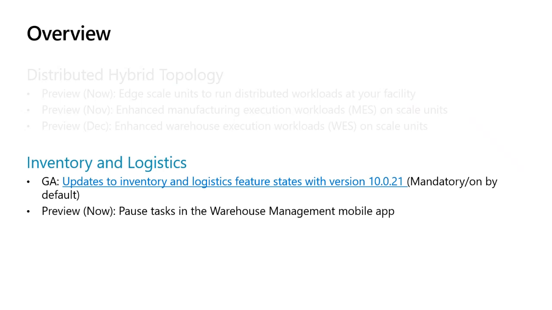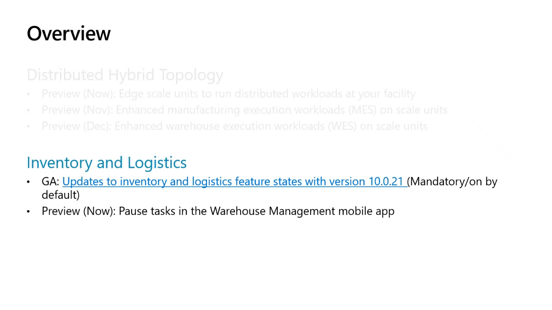So if you've been working with Dynamics supply chain management for a while, you know that this is our design pattern, that our new features are behind that enablement in the feature management workspace. So these feature states, you'll see in the release notes, are going to tell you, starting with this version, which ones are either now mandatory or on by default.